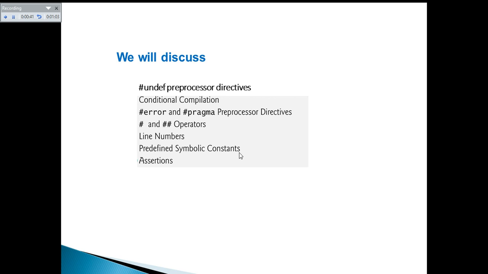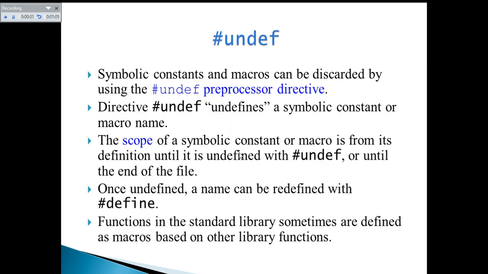Let's see how to undefine. So how to use the undefined symbol, and that is the undef preprocessor directive. Symbolic constants and macros can be discarded by using the hash undef preprocessor directive. If you have defined some preprocessor directives using hash define, these can be undefined or discarded.